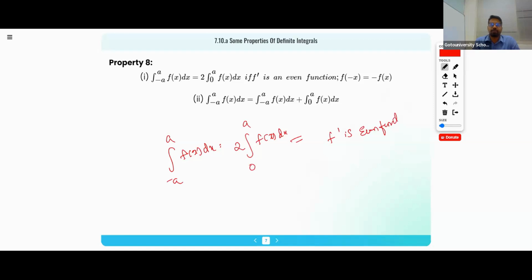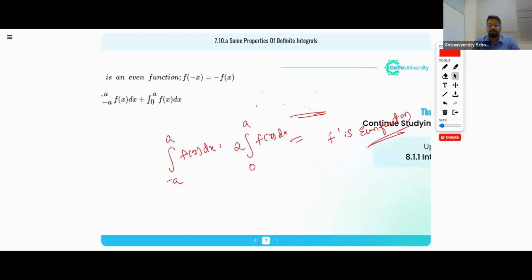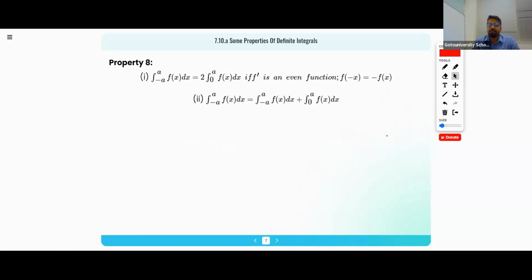Very good. Otherwise it will become zero. In that case, what is an even function? That's the next question. An even function is nothing but a function that does not change after substituting the negative value. f of minus x is still f of x. Such a function is called an even function.